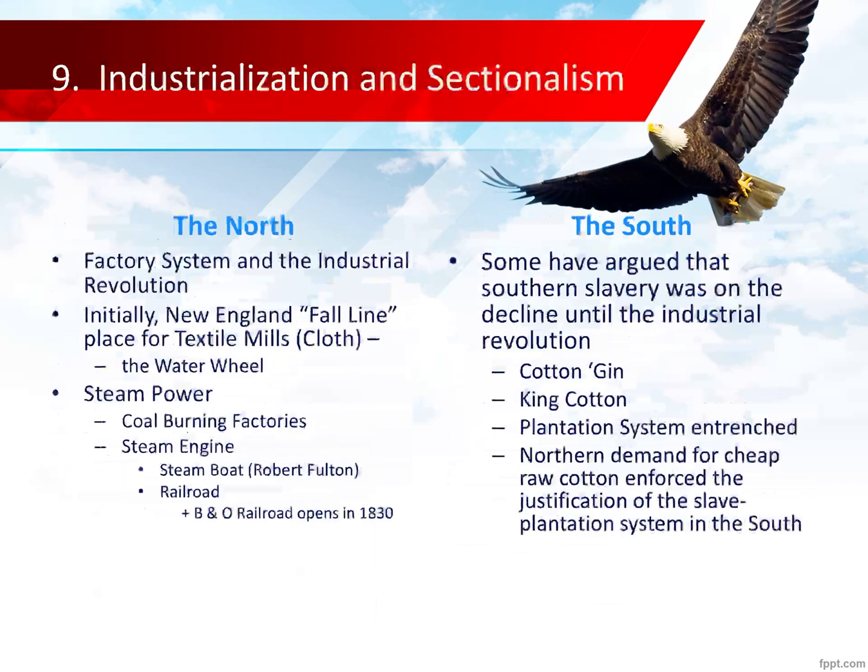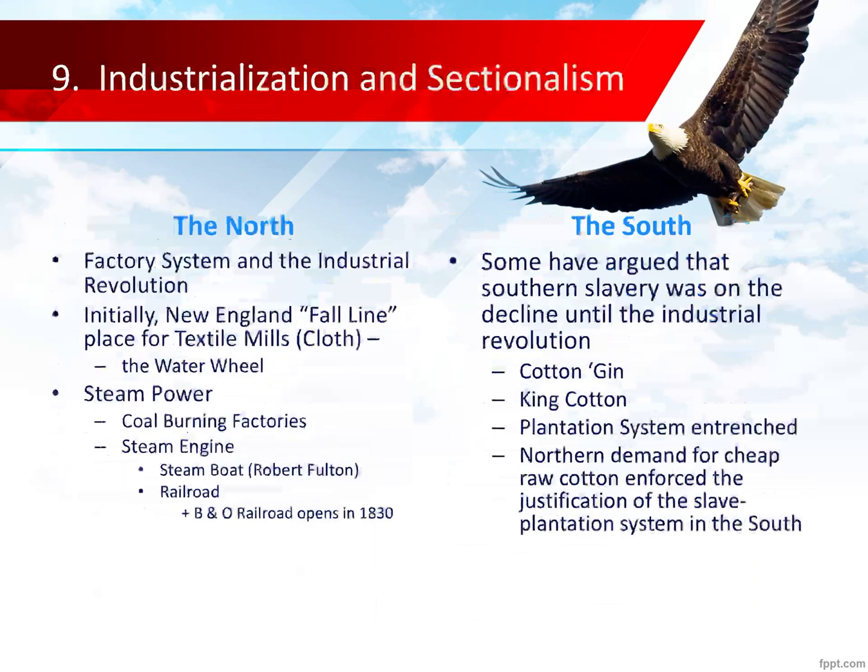Okay, what's happening in the south? Well, you have the factory system in the north, and they need raw cotton. I mean, if you're going to make cloth, you need the raw material. And so in the South, they have the slave labor, and they're able to produce a very cheap raw cotton because they don't have to pay their workers.